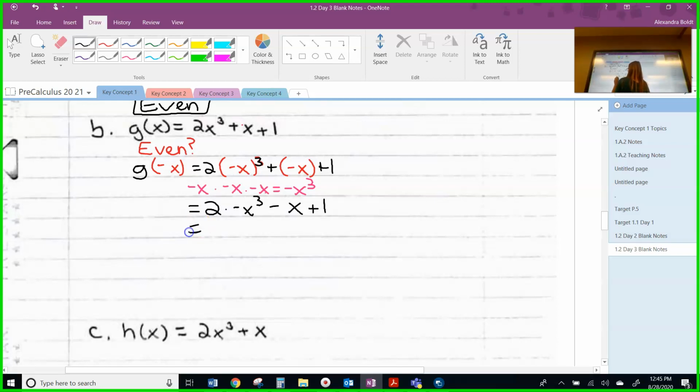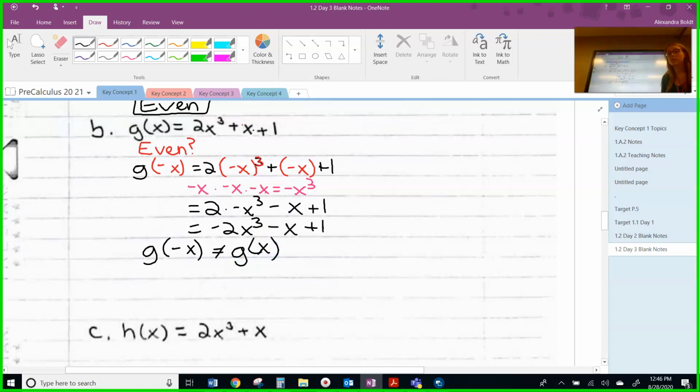Then I'm just going to simplify this. 2 times negative x cubed is negative 2x cubed minus x plus 1. So then I have to see, is this the same as my original function? And it's not. So g of negative x does not equal g of x. So this is not even.